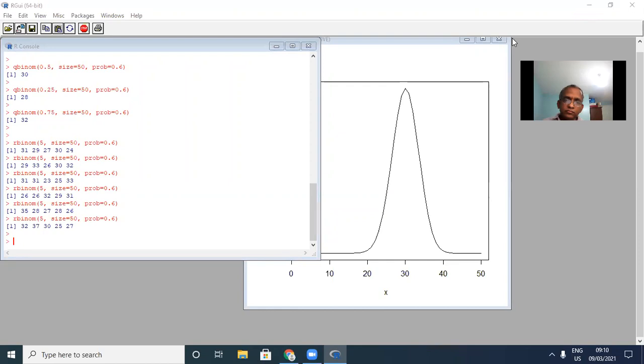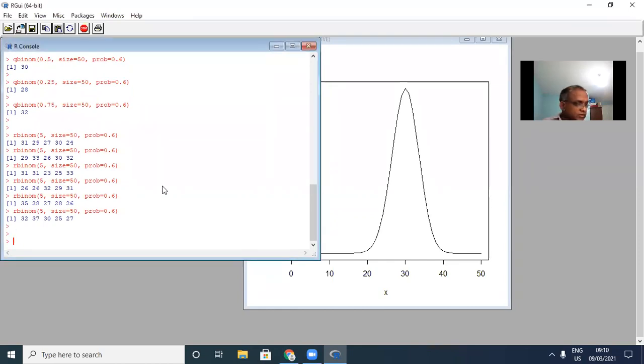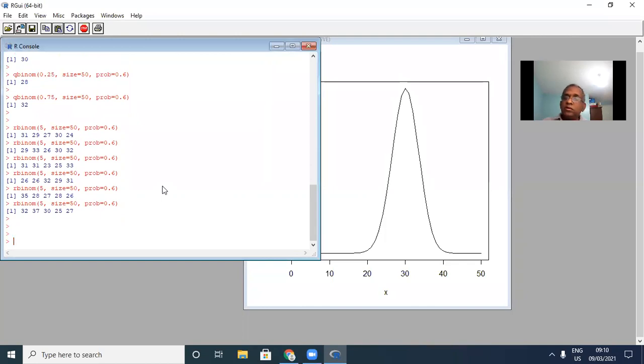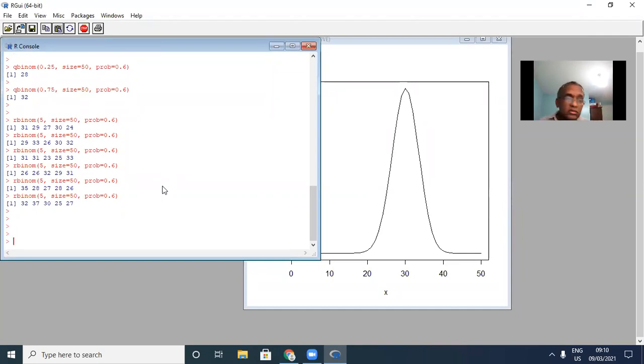Next, so far I talked about the binomial, which is a discrete distribution. The next thing I'm going to talk about is a continuous distribution, which is the normal. Obviously, the normal is the most popular continuous distribution. Now, suppose you want to compute the density of a normal. Then you will use the command dnorm.